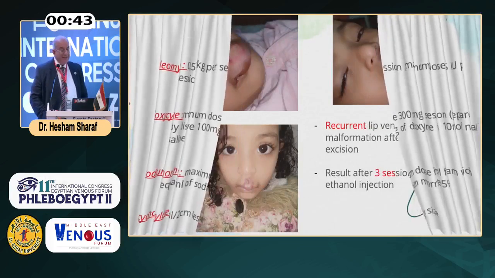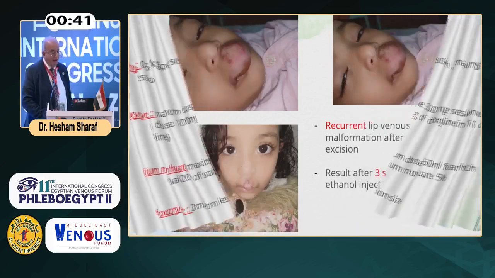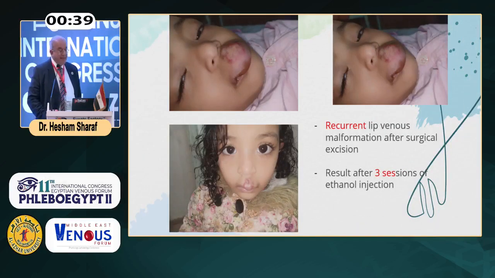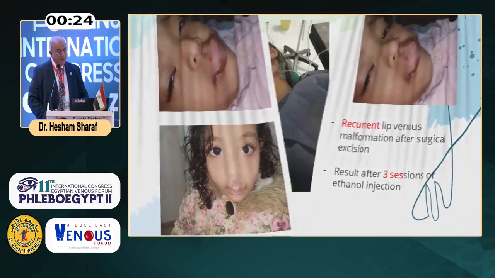This is some cases treated by ethanol, and you can see the size of the lesion before injection and the result after 3 sessions. There is marginal response and decrease in size and the cosmetic improvement for this patient.